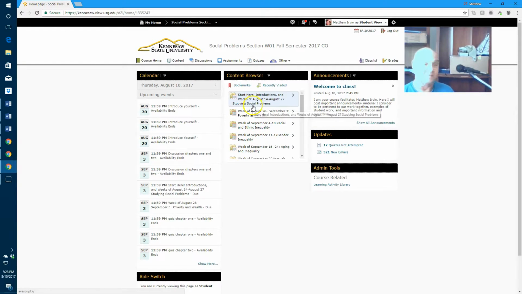In the center column here, you're going to see course content. Take a few minutes and review course content. I have placed all course materials up from the beginning of class, and I strongly recommend that you go through and download all the chapter PowerPoints, perhaps onto a flash drive or some storage unit you have on your computer.